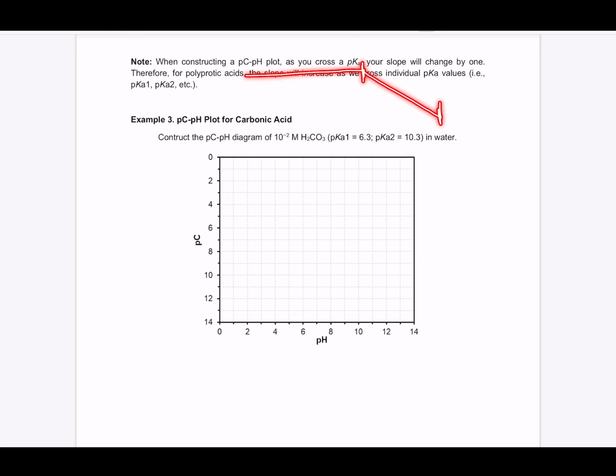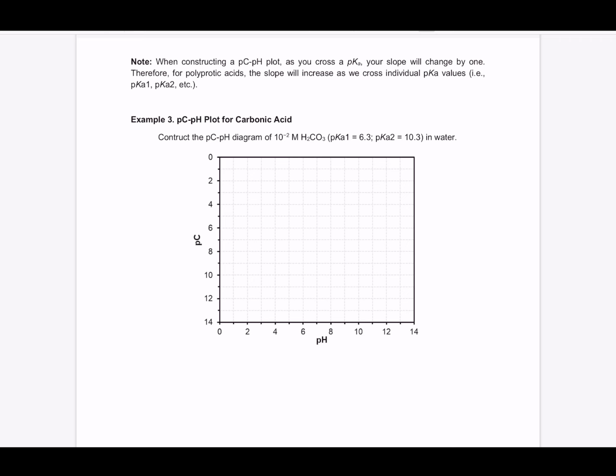And the opposite if you go from here. If there's a pKa, the slope is -1, and then another pKa, the slope is -2. So again, that -1 that we derived was logical. It was because the term behind pH in the equation was either 1 or -1.